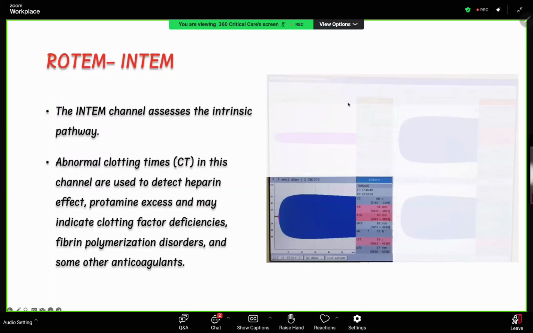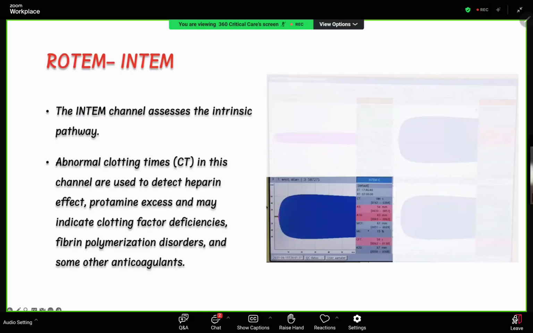InTem, the InTem channel assesses the intrinsic pathway. So abnormal clotting time in this channel is used to detect heparin effect, like APTT, a similar type of thing. So if there is abnormality here, it is because of heparin effect, or it can also be used to look at protamine excess. Anything that causes an abnormal intrinsic pathway will be shown in this channel.